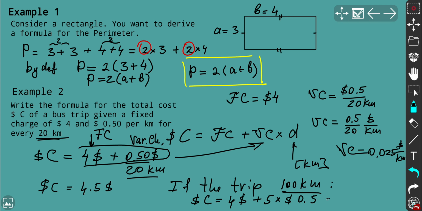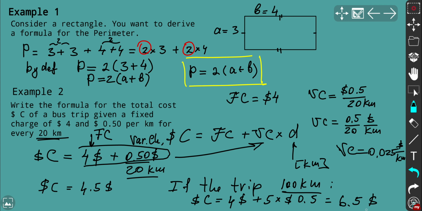In this case you'll get $2.5 extra on top of 4, so in total you'll get $6.5. Okay, so that's the way you can derive the formula.